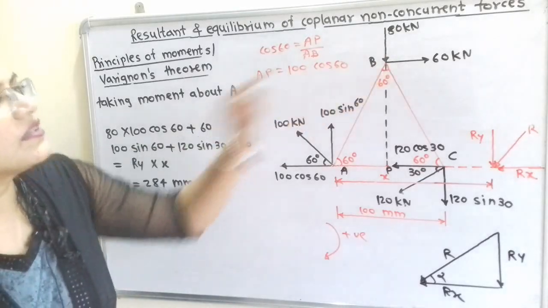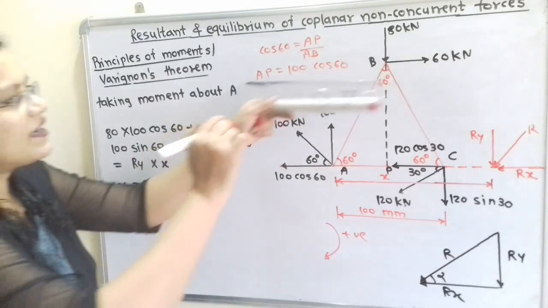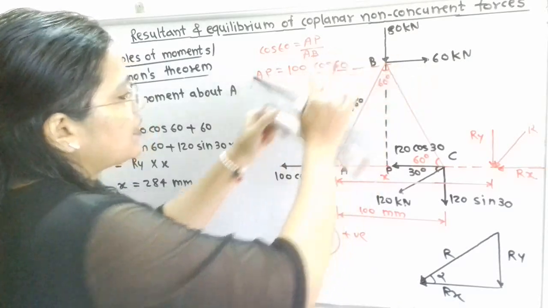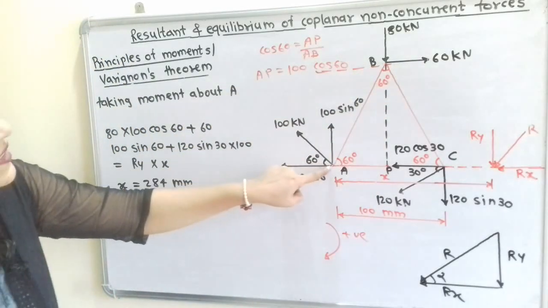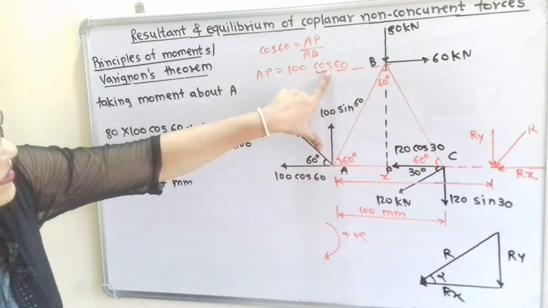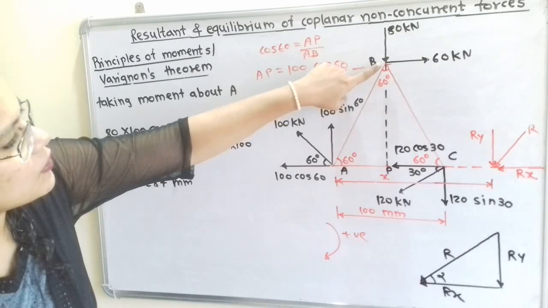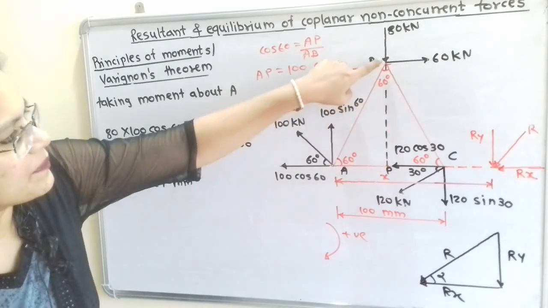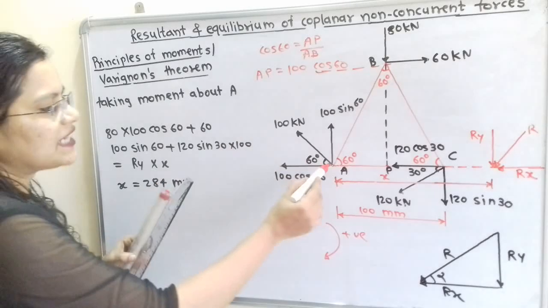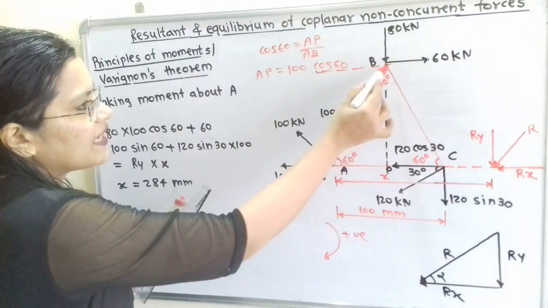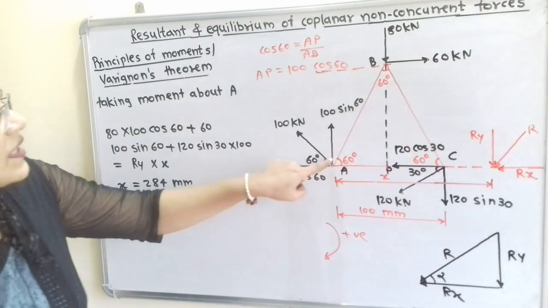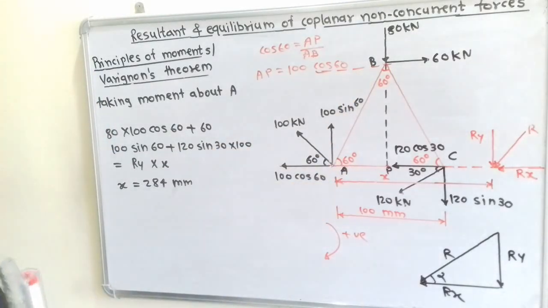Now we will move here the 60 kilonewton. Now here is the line of action of force. Then we have to show perpendicular distance from point A. So this vertical line is the perpendicular distance. So this distance is equal to the distance B to P. So we have to find out distance B to P. Again from this triangle ABP, we can say that this B to P distance is equal to this 100 sine of 60.